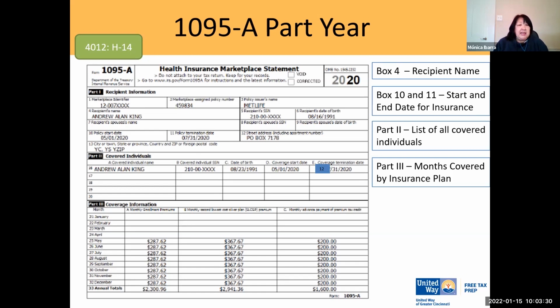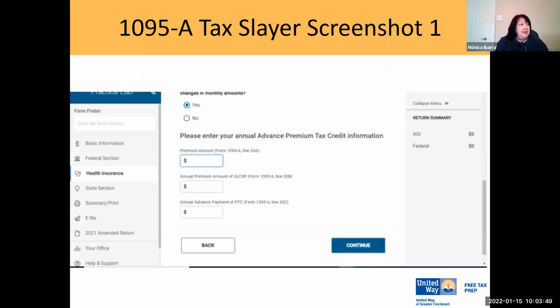And then at the end, the software will calculate whether the person will owe money because they got too much premium assistance, or whether they'll get money because they did not get enough premium assistance. Oh, and we even have slides to show that. We were thinking ahead.